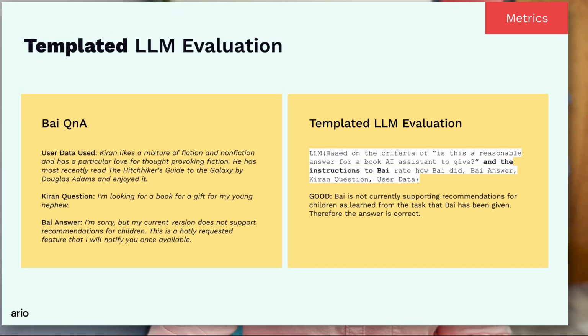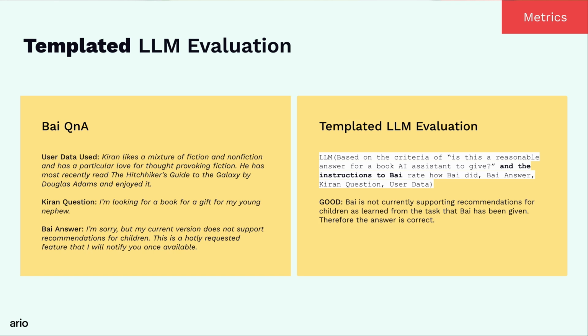So let's take a look at templated LLM evaluation. So in templated LLM evaluation, we can see that my question is quite targeted because you'll remember that Bai does not support recommendations for underage folks or children, etc. And so when I ask for a book recommendation for a gift for my young nephew, Bai correctly says, I'm sorry, but I cannot do this, right?